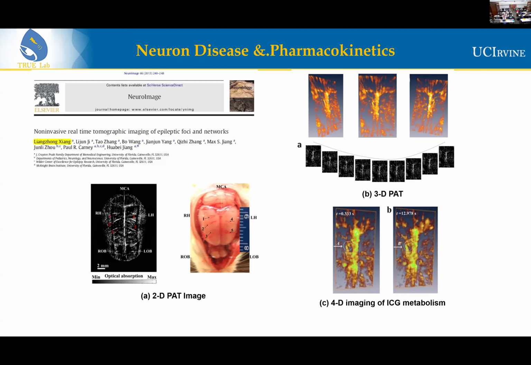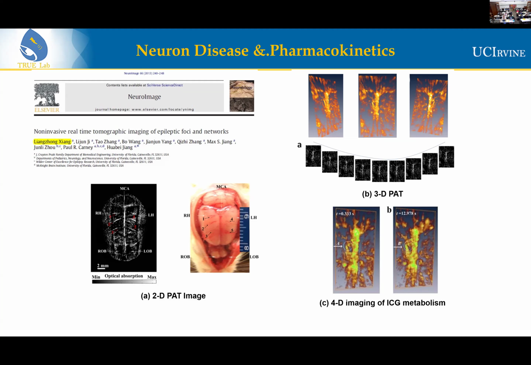But anyway, one of the papers I published is on neuroimaging, trying to study epilepsy. One question the neurosurgeon really likes to know is, where is the epilepsy focus? If we found where the epilepsy originated, we can simply do the surgery and remove it, and problem solved.